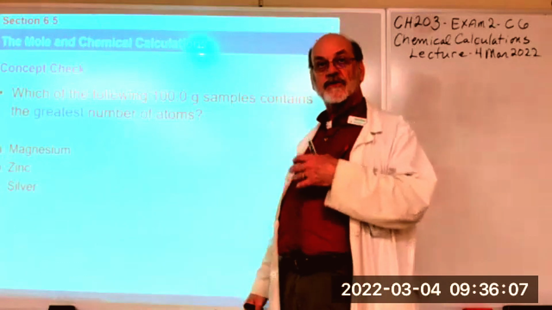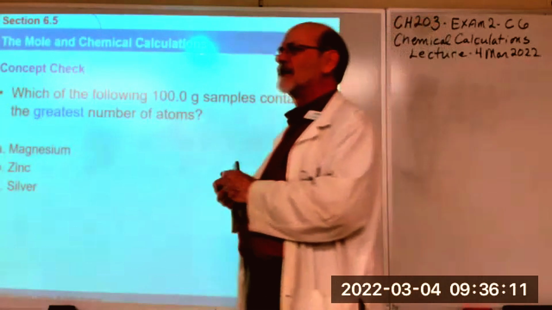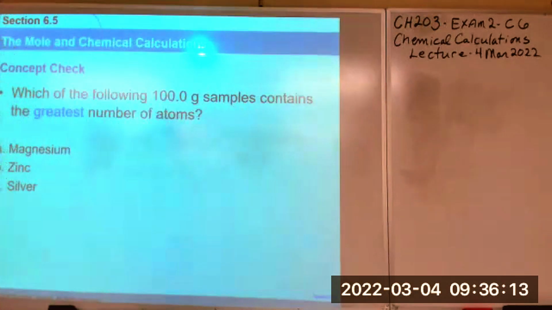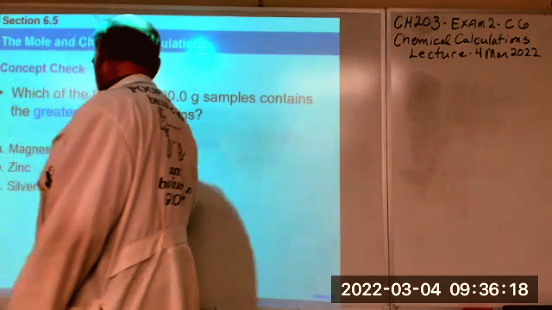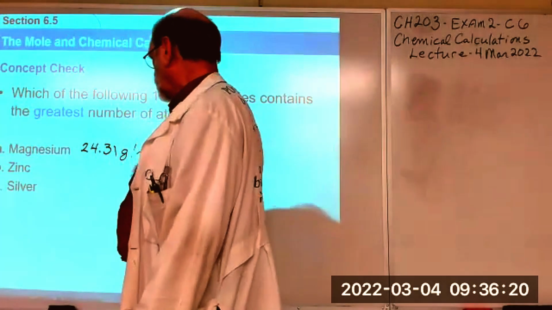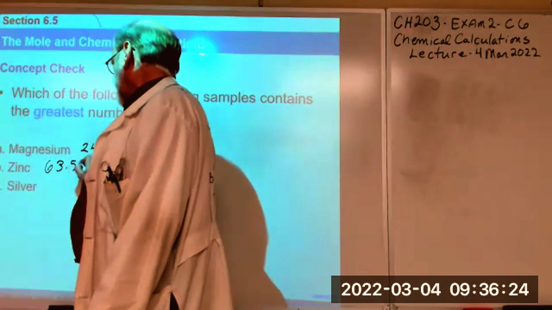Which one has the lowest molar mass? So we look at them. Magnesium is 24.31 grams per mole. And zinc, we just did that one, 63.55.